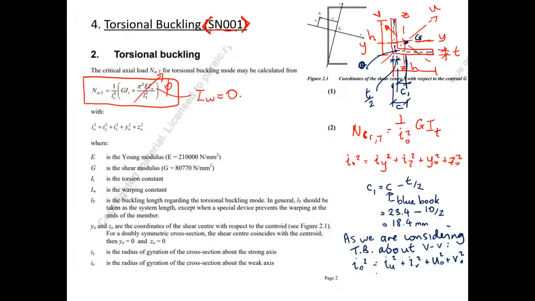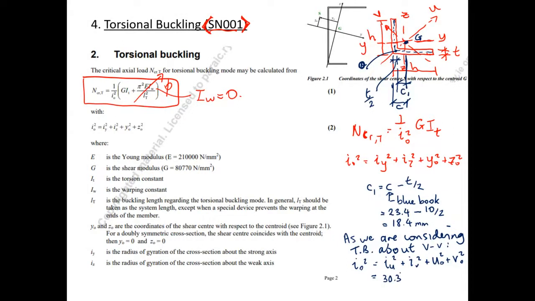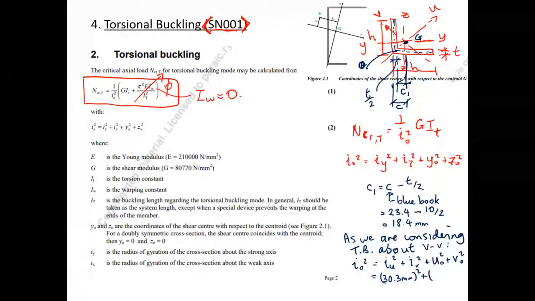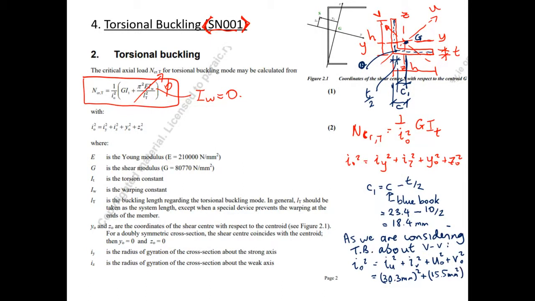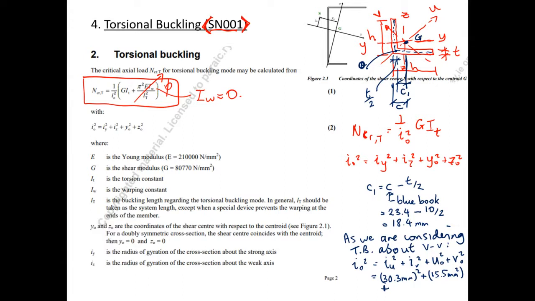We got i_u straight from the blue book, which is 30.3 millimeters, and the v value was 15.5 millimeters, plus the u_0 value.